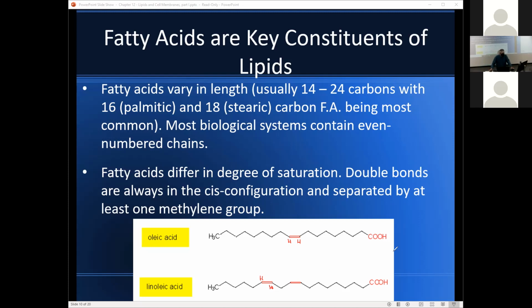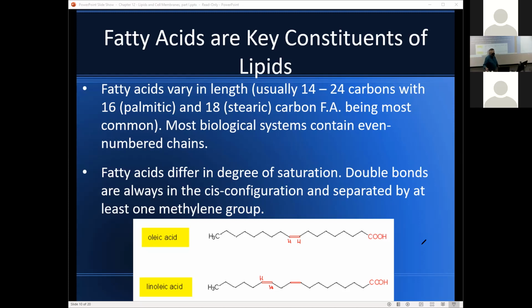So in order to make things like margarine, what they used to do years ago, now, of course, unsaturated fatty acids tend to be liquid at room temperature because of the double bonds, and saturated fatty acids tend to be solid at room temperature because of the lack of double bonds.